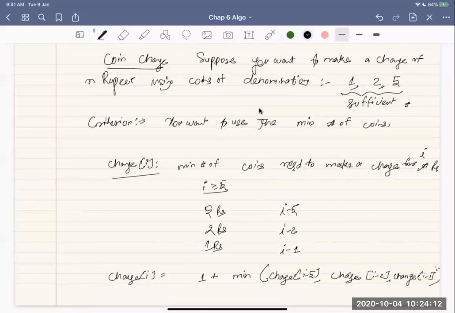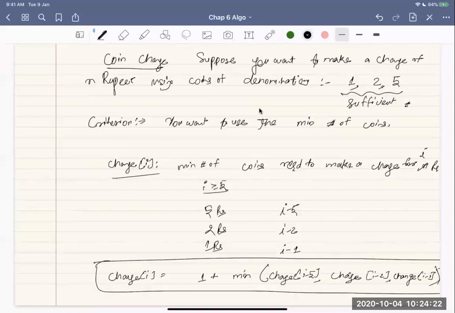Whatever is the minimum, I will take that. And that is my dynamic programming solution. I have to find out what change(i minus 5), change(i minus 2), and change(i minus 1) are, take the minimum of those and add 1. That will give me the solution.